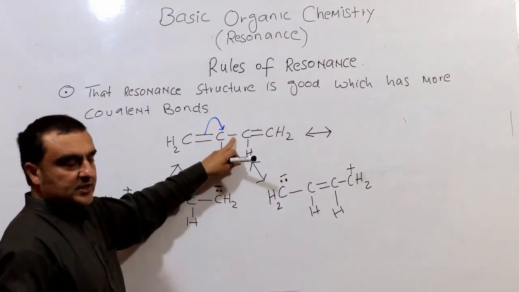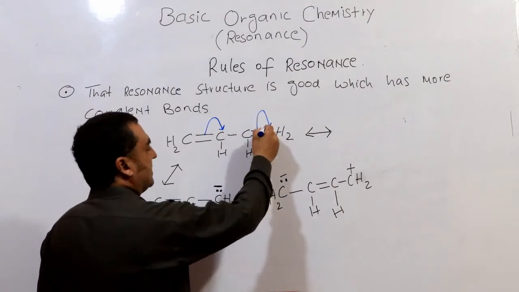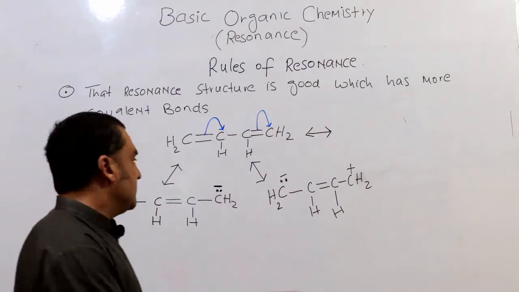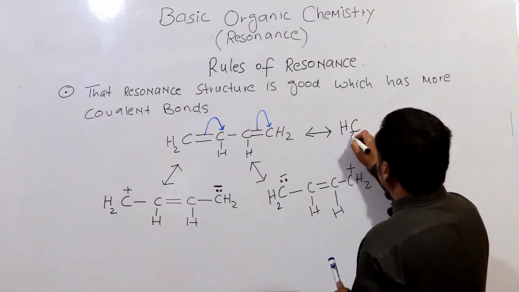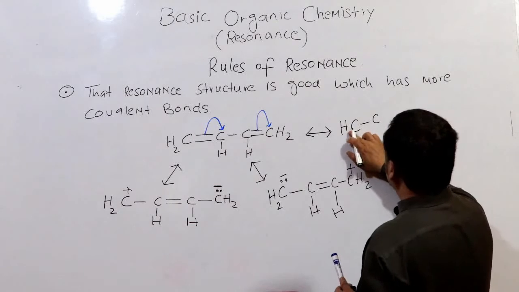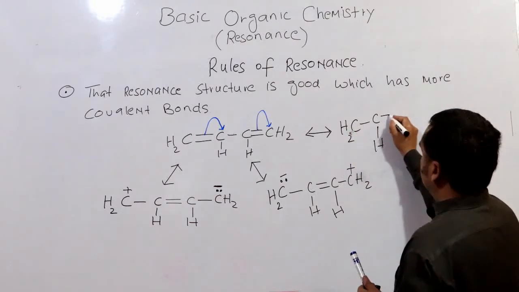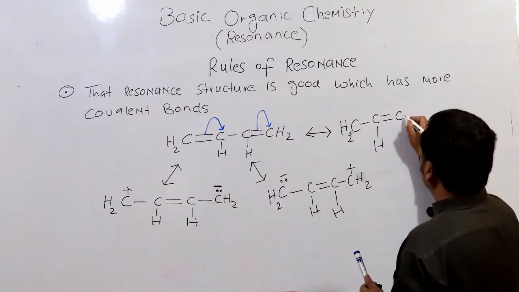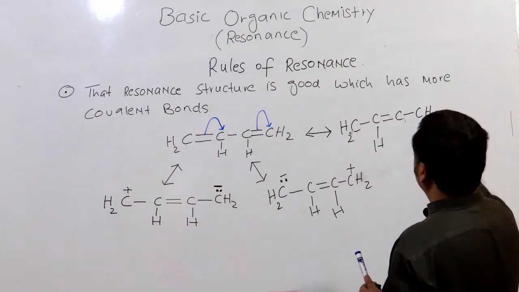They are not coming here. They just sit on this carbon. So you have another resonance form produced. This is the CH2. This is CH. This is the double bond. And this is CH2.